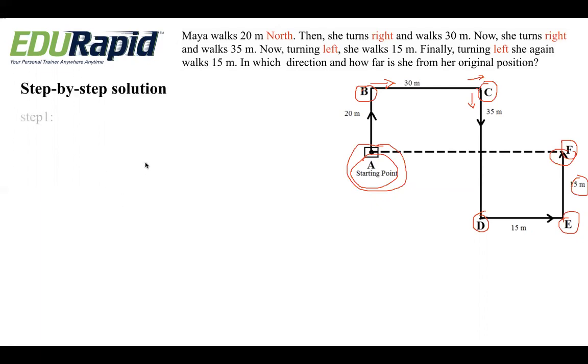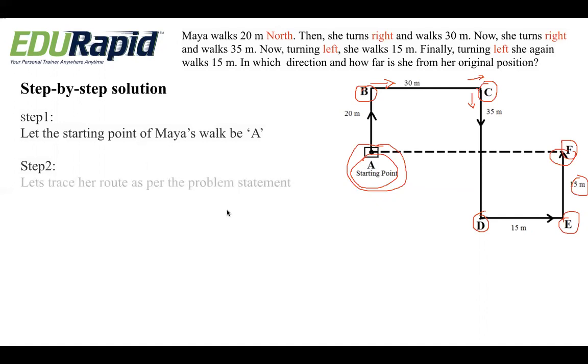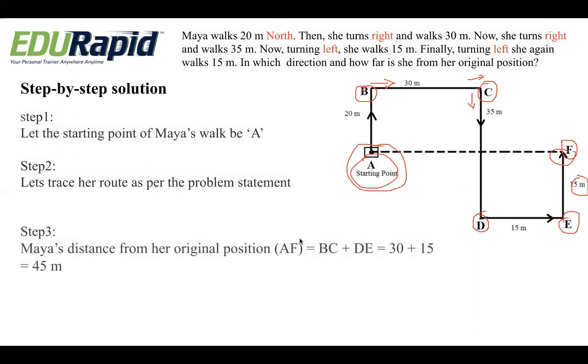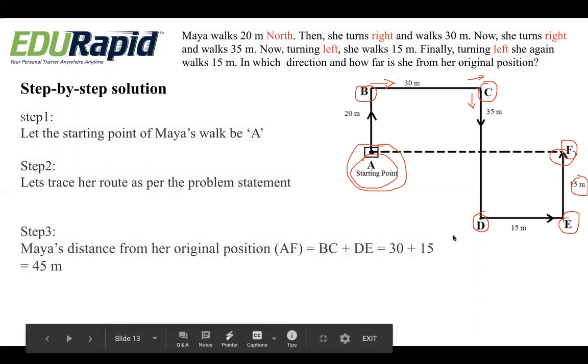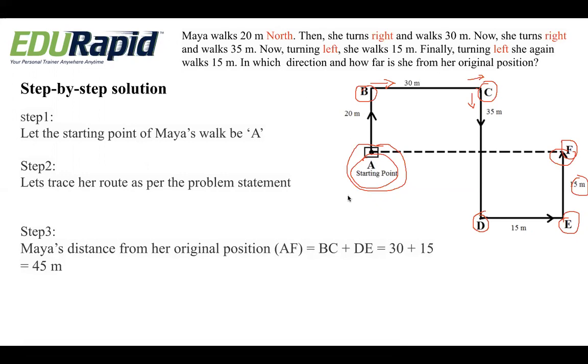So let's look at this step by step. When you watch the video once again, this will explain how to do it. Let the starting point of Maya's walk be A. Let's trace a route as per the problem statement. What you do is just keep going as per the problem. Read the problem and quickly write it down.